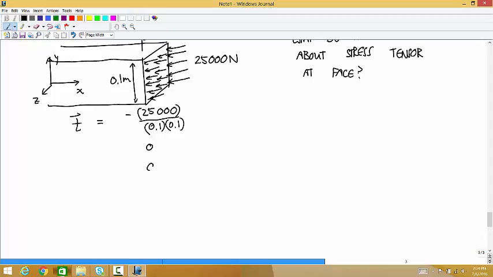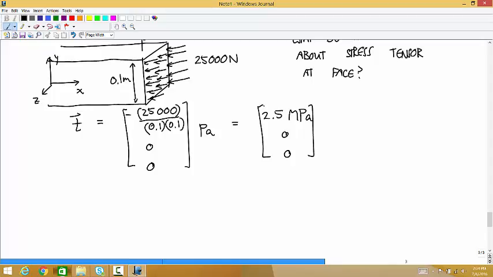And then 0 y and 0 z. And that is in pascals. So that's negative 2.5 times 10 to the 6th pascals, and then 0, 0. Anybody have any questions about how I figured that out? Oh, that's negative. How I got that?